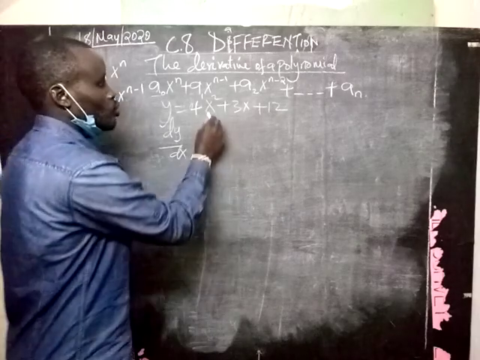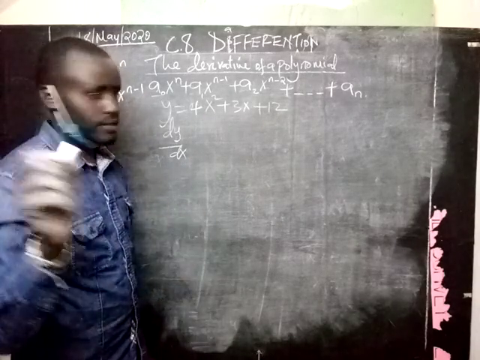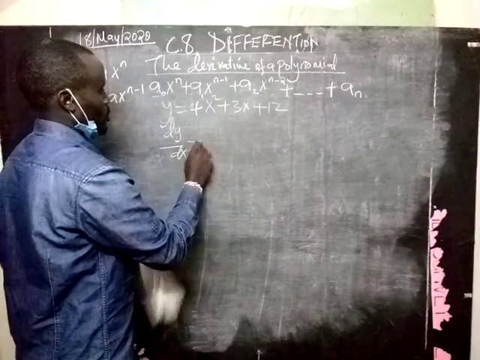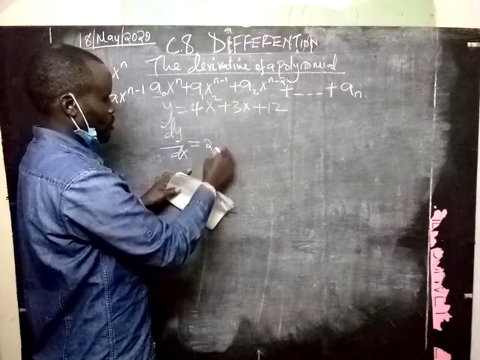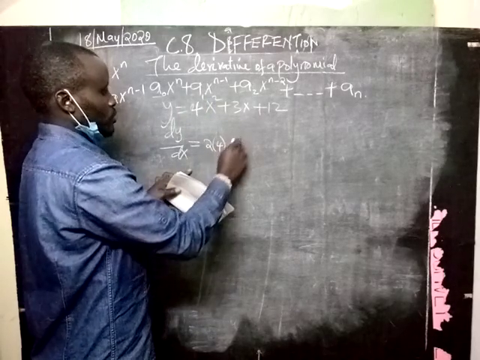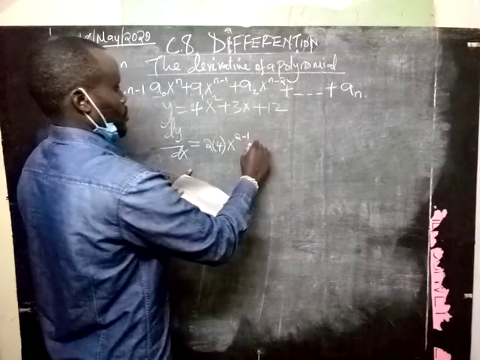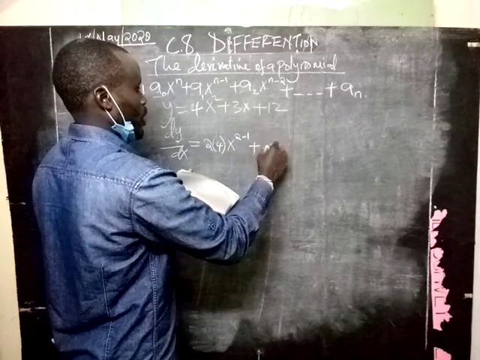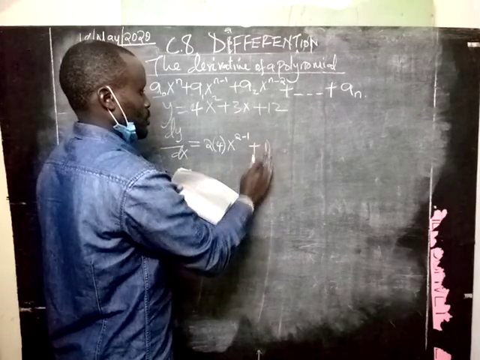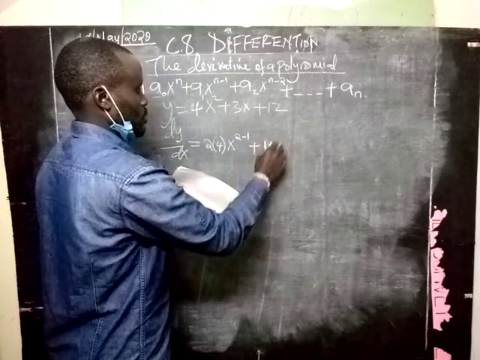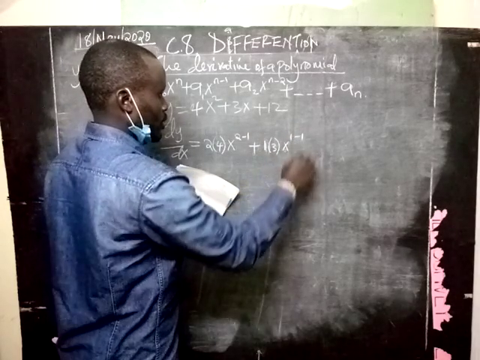So we only differentiate where we have x. In this case we bring down 2 multiplied by this 4, then x raised to 2 minus 1, plus we have 1 into 3 into x raised to 1 minus 1.